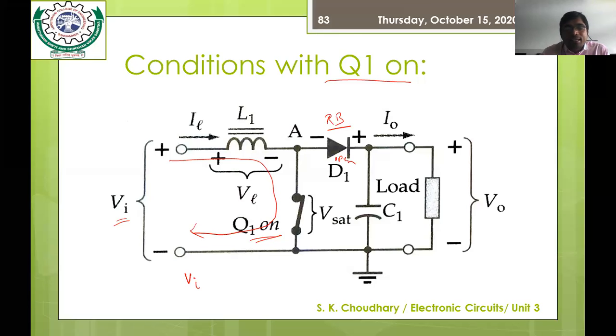You are talking about this circuitry or the buck regulator? This circuit. Oh, okay. I am not coming to that condition yet, I will come to it. This is the first condition, when your switch is on. After that, I will explain that particular condition. Then you can ask. Okay.